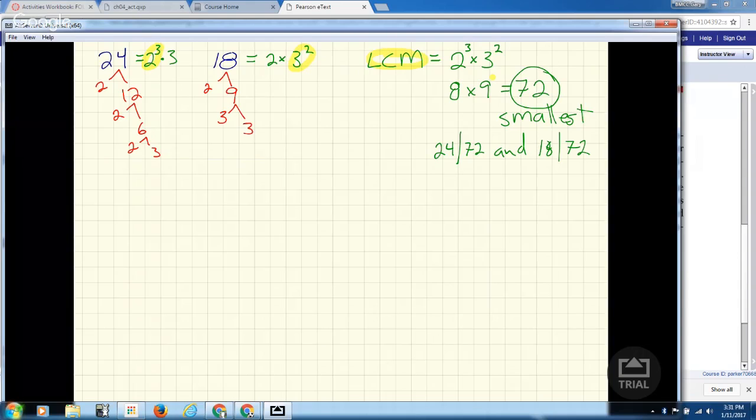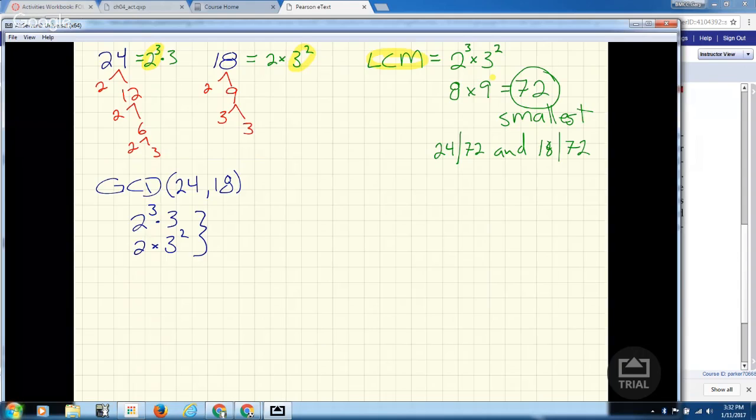All right, let's take a look at the GCD. So let's pick a new color and come down here. For the GCD of 24 and 18, I consider their prime factorizations again. 24 is 2 cubed times 3, and 18 is 2 times 3 squared. And let's see, common divisors.